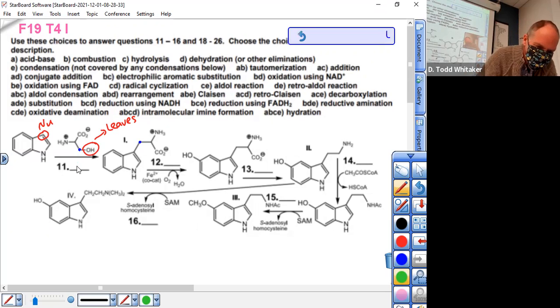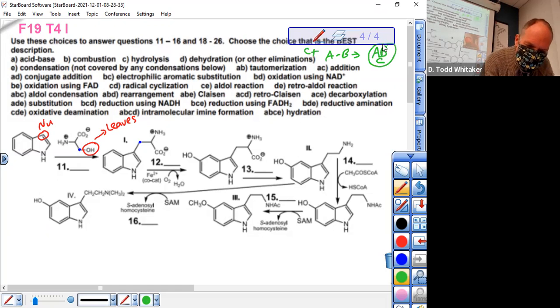Is it really an addition? Or is there a substitution? Electrophilic aromatic. Oh, wait a minute. Addition. I don't know why I even mentioned addition. Addition's when you do things like AB reacts with C to make a molecule that has all of them, A, B, and C together. That's addition.